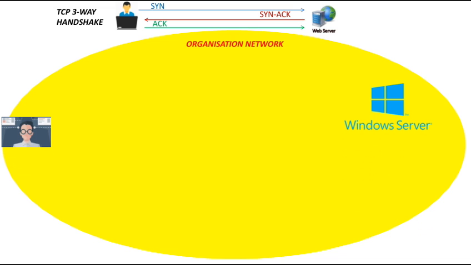So they have hired this penetration tester who would use his laptop with a software known as Nmap. And this Nmap software was developed in 1997 and its basic function is to perform network discovery.